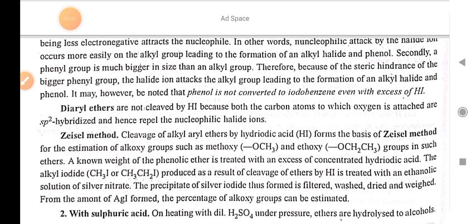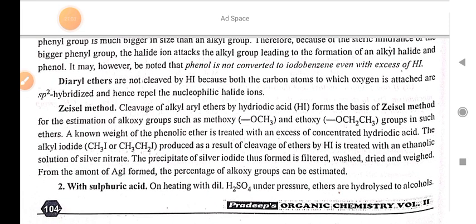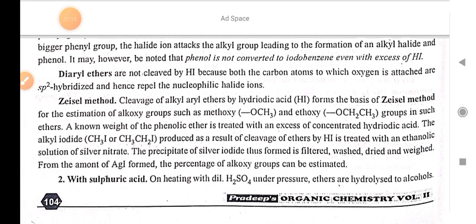Secondly, a phenyl group is much bigger in size than an alkyl group. Therefore, because of the steric hindrance of the bigger phenyl group, the halide ion attacks the alkyl group, leading to the formation of alkyl halide and phenol. It may, however, be noted that the phenol is not converted to iodobenzene even with excess of HI.